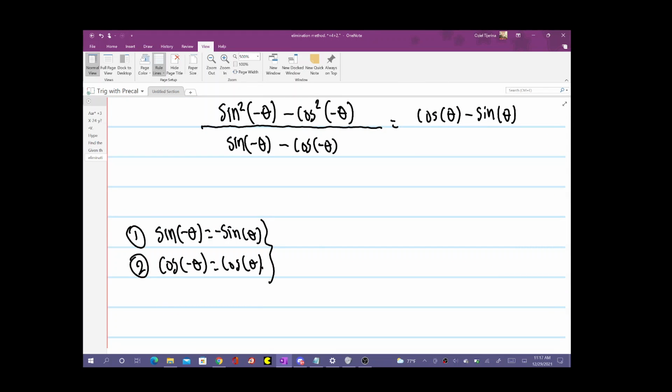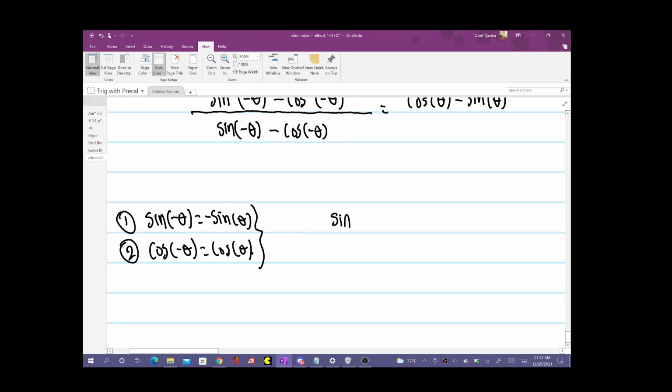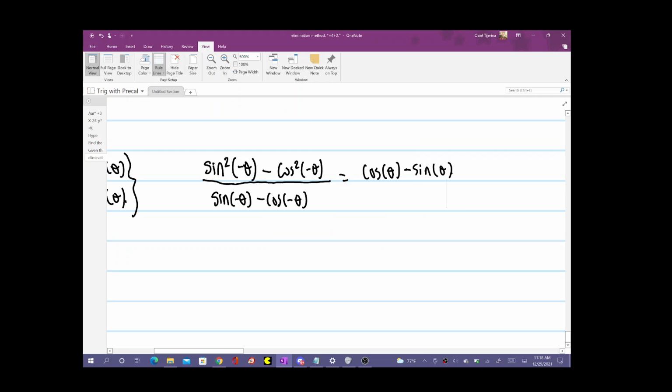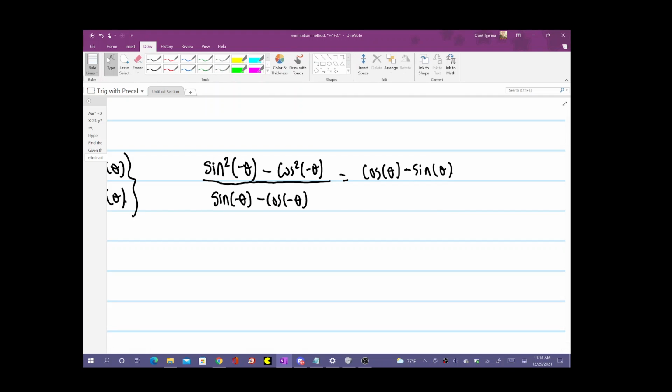So, being that we have those 2, we have sine squared, and I'm going to rewrite it again, so give me a second. So, sine squared of negative theta, first of all, let's look at that one first, and I'm going to go really slowly. This is basically this one here.